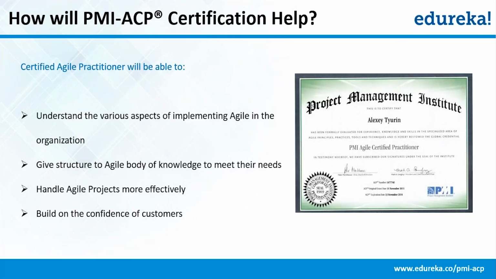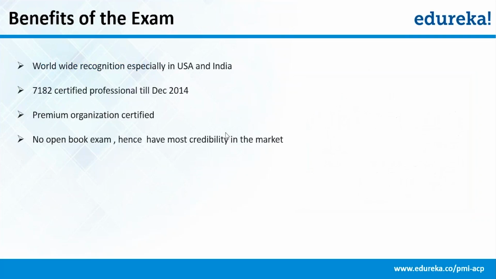Because having haphazard knowledge doesn't help, so the PMI-ACP gives you a nice structure of how you should go about unfolding whatever you've learned while preparing for the certification. Okay, and obviously, once you become more confident about yourself, automatically people feel confident about you, and your customers are happy. You build great products, so it's a win-win for all of us.